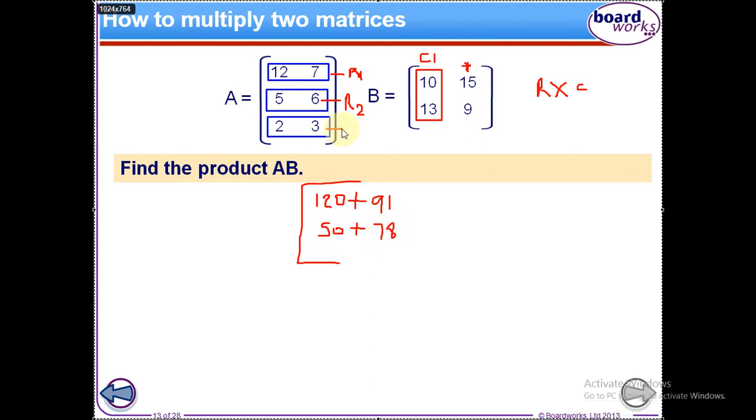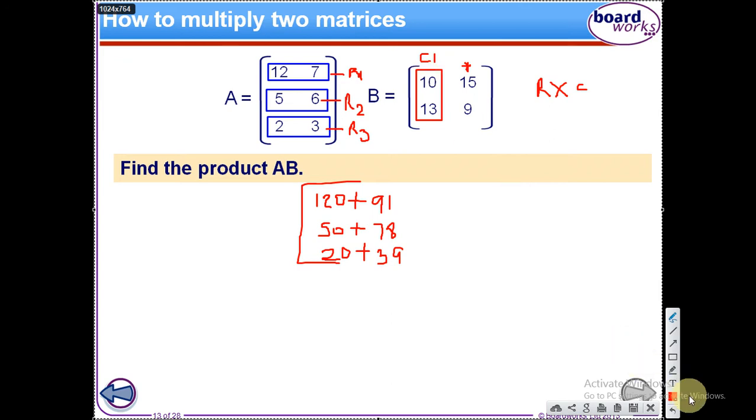Then I repeat the same process for R3 against C1. 2 times 10 is 20, then plus 3 times 13. I need not use a calculator for this one. That is 39. So this gives me everything about column 1: row 1, row 2, row 3.